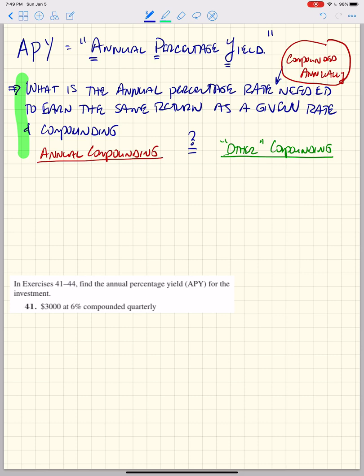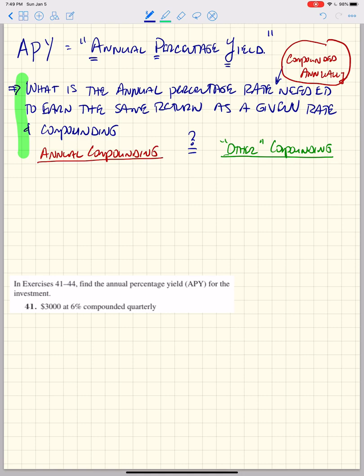If you were to go to any bank or financial institution where you were going to make a deposit that would earn interest, you would see an APY expressed for that investment, because that's what we use to measure apples to apples. For example, what if I had an investment that was 6% rate of return compounded quarterly, and another investment which was 5.9% rate of return compounded daily?